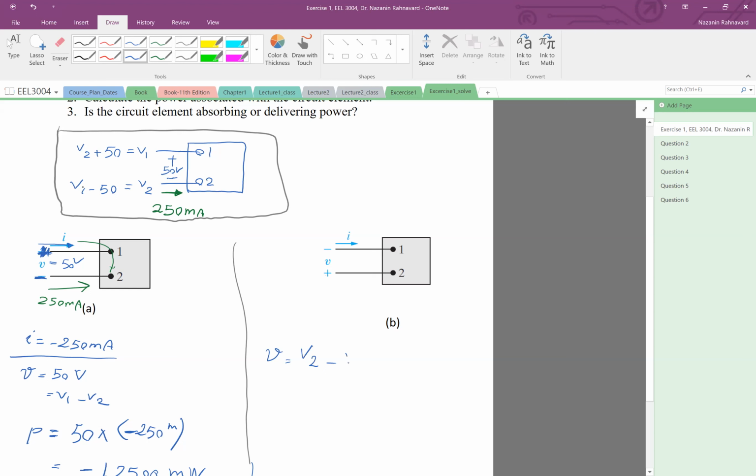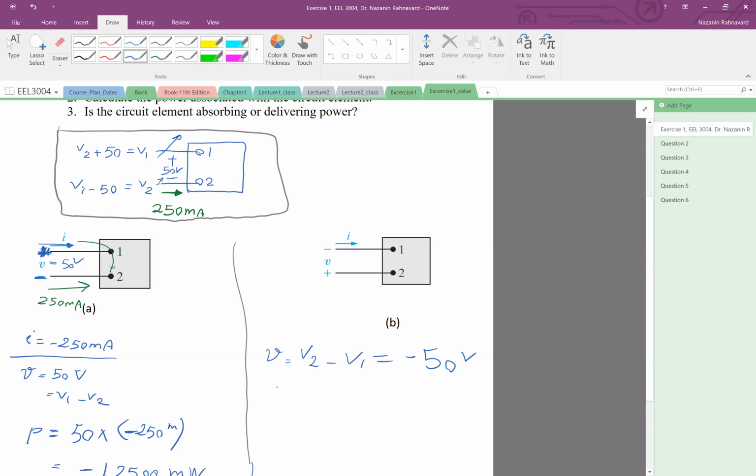And if you look at here, terminal 2 minus terminal 1, because terminal 1 was higher by 50 volt, terminal 2 minus terminal 1 would be negative 50 volt. So this is negative 50 volt.